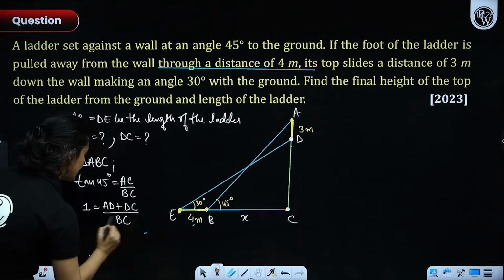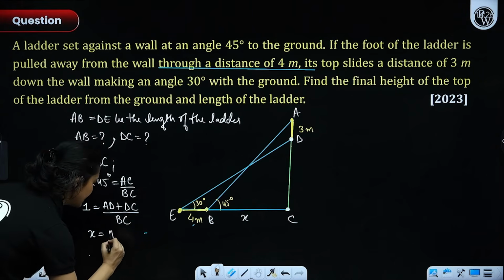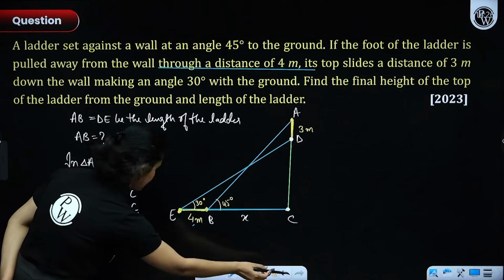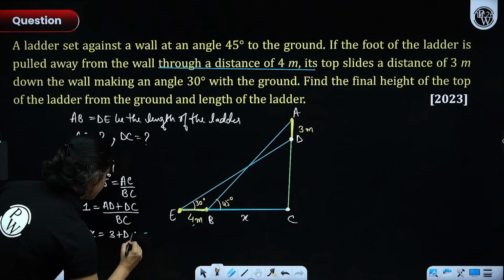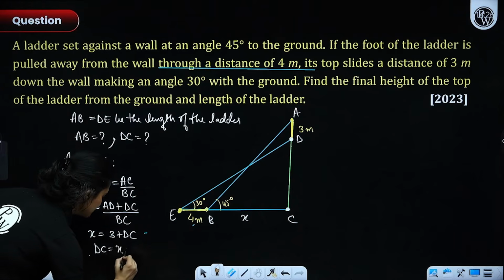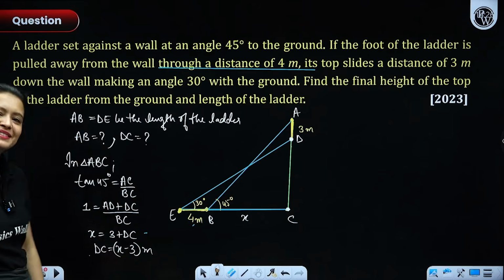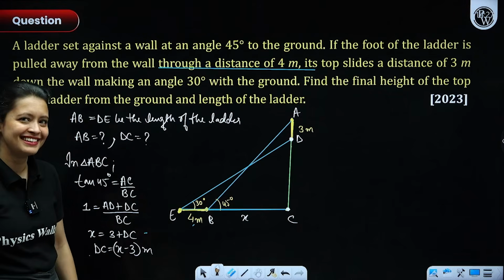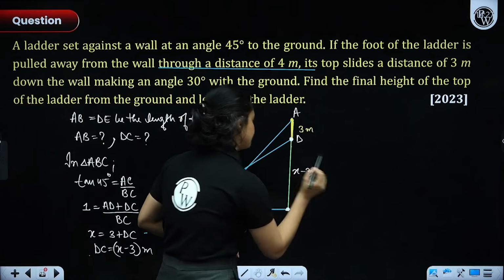So I can say BC is x, right? So x is equal to AD, which I already know is 3, so x is equal to 3 plus DC. Now from here I can say DC is x minus 3 meters. Simple.